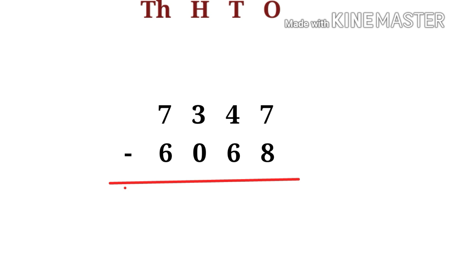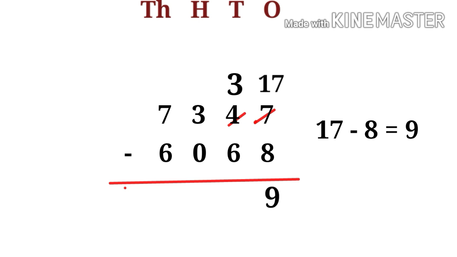Here, tens place digit is 4. So, it is reduced by 1 and it becomes 3, and ones place digit 7 is increased by 10 and it becomes 17. Now we can easily subtract 17 minus 8, that is equal to 9.